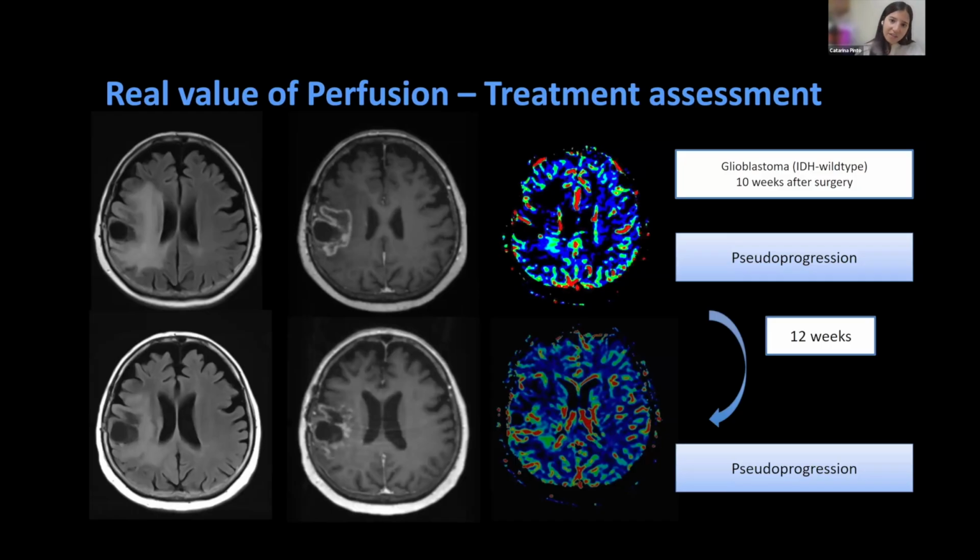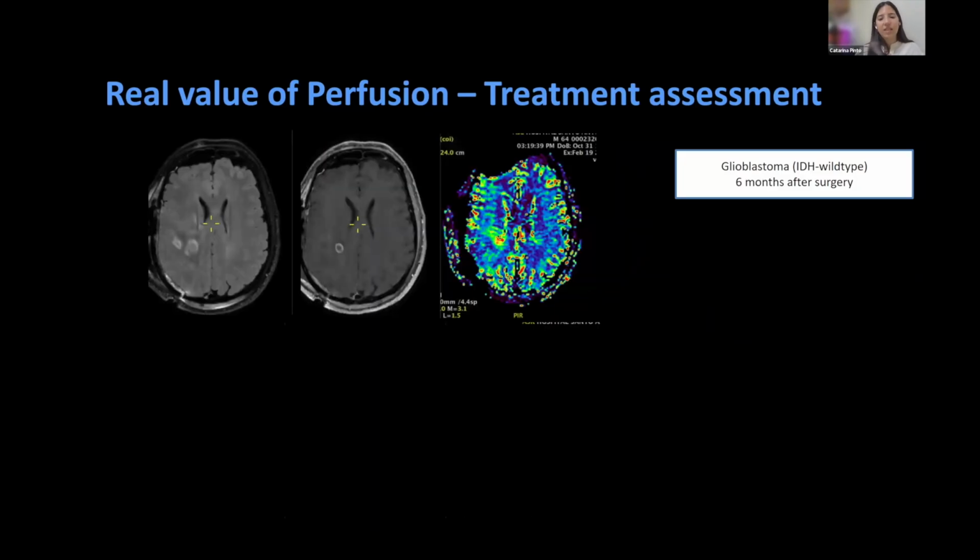On the other hand, we can also see that sometimes the perfusion is actually helpful to confirm the progression of the disease. This was a glioblastoma, also operated, and these images are 6 months after surgery, and we could see new nodules on T2 FLAIR with ring enhancement, and there was clearly elevation on the CBV, so it was a perfusion positive scan.